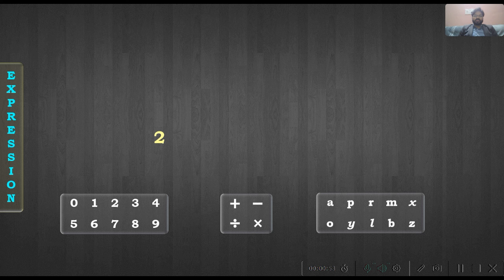So 2 and x. So 2x. So 2 is called coefficient and x is called variable. So number is called coefficient and alphabet are called variables. Similarly, 5 and y. So 5 is called coefficient and y is called variable.